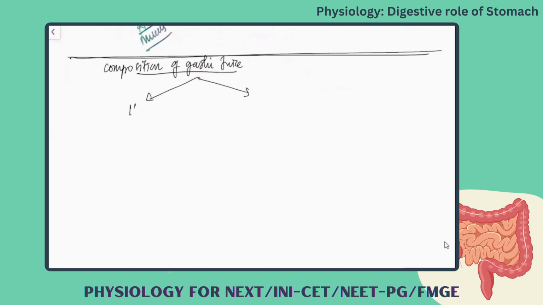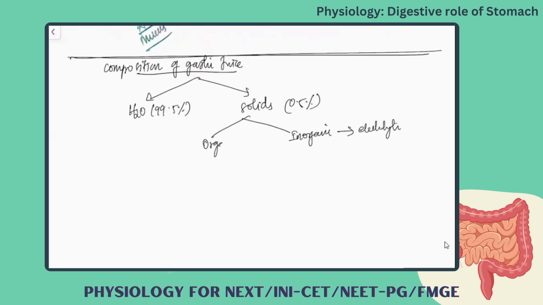Again you have water and solids, the same representation, 99.5% and 0.5%. The solids are again divided into inorganic, with the same electrolytes, and organic. This is where the difference from the composition of saliva lies.